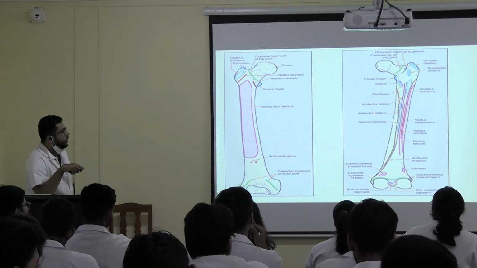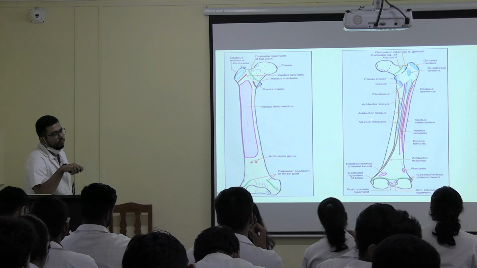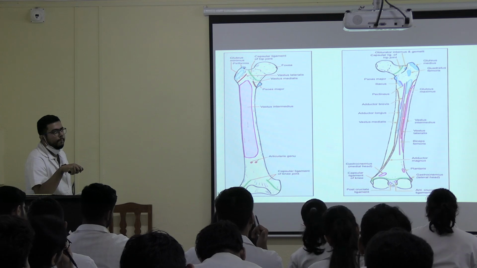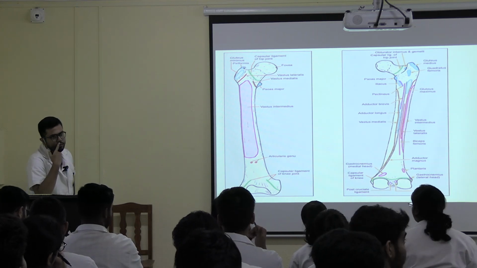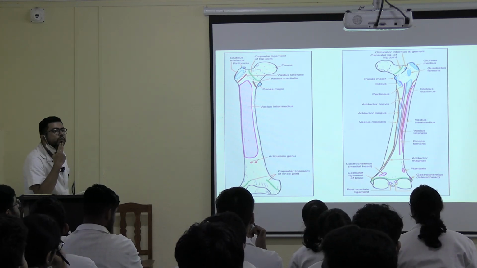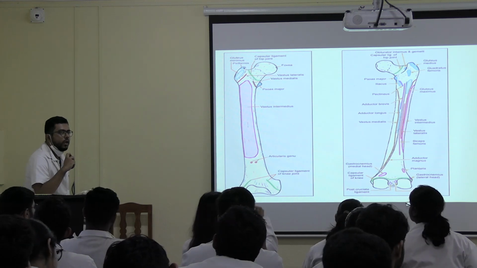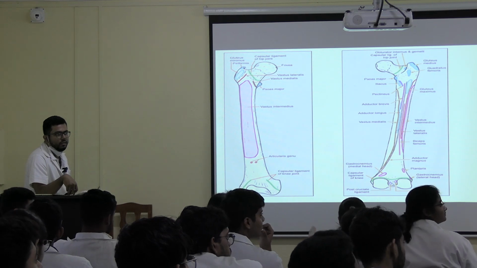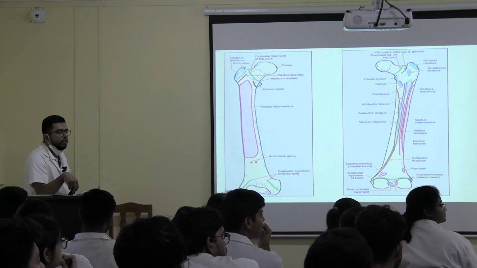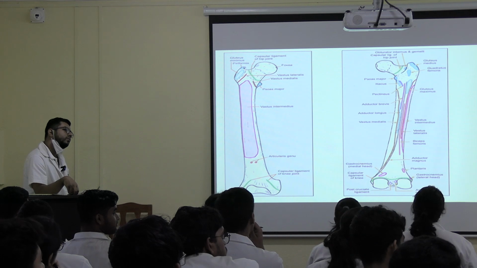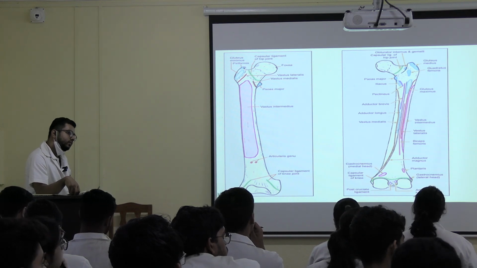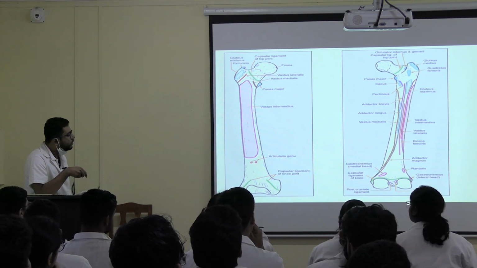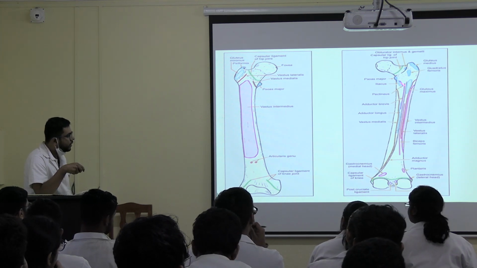This is the muscle adductor longus, the blue one, this part. Make a guess, where is this attached? Anterior. Yeah, tell me about adductor. The posterior aspect of the femur, the whole thing is posterior.